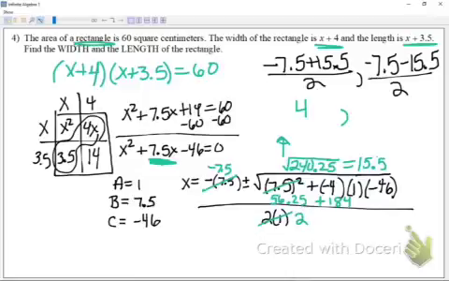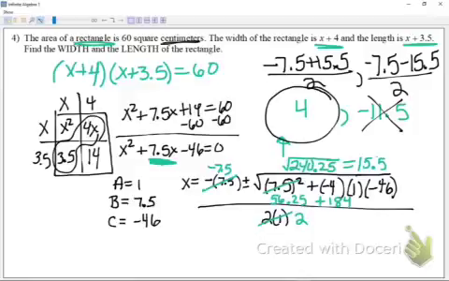On the second half of the problem, negative 7.5 minus 15.5, that's negative 23. And when we divide that, we get negative 11.5. Now going back, guys, can we have negative answers when it comes to length? No. So my only answer in this problem is 4 and the units given to me are centimeters, so I'm going to say centimeters.